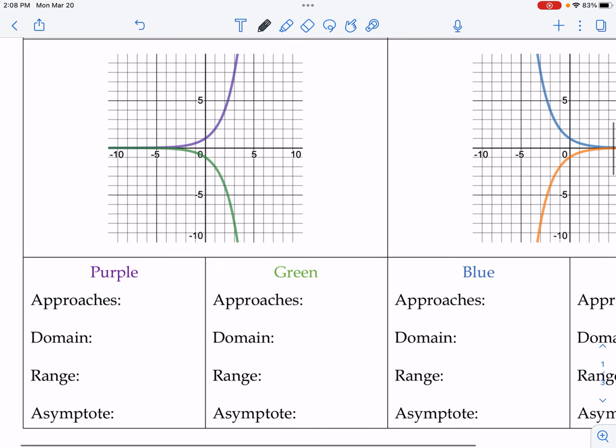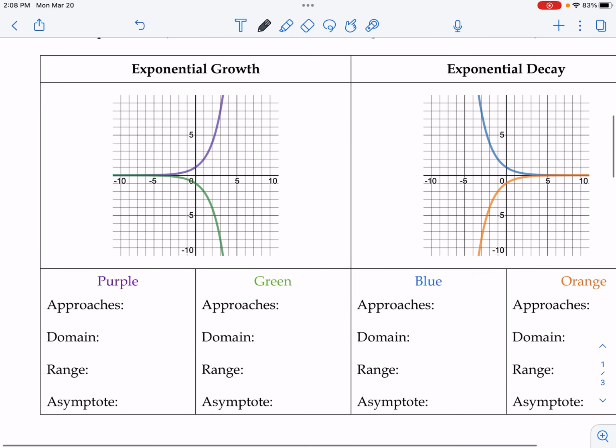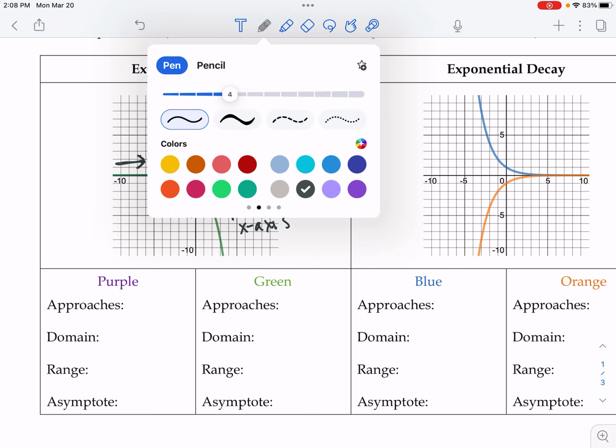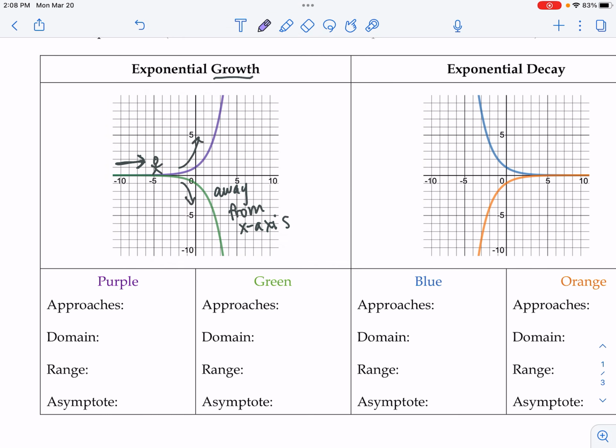Looking at the purple and green, these are 2 examples of exponential growth. We always read our graph from left to right, always. If you're climbing along these curves, you are moving away from the x-axis. That's what growth is: growth is away from the axis.